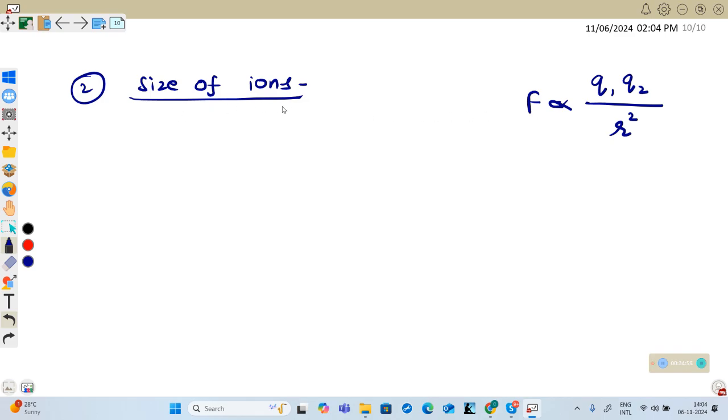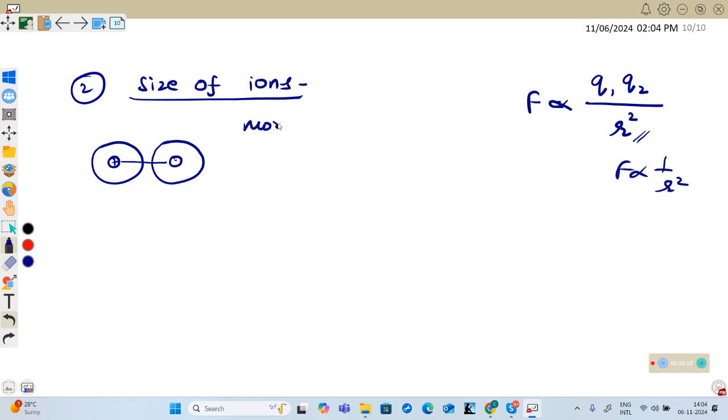So what will happen if the size of the ions is more? If the size is bigger, positive and negative, the internuclear distance will increase and the force value will decrease. Are you getting?